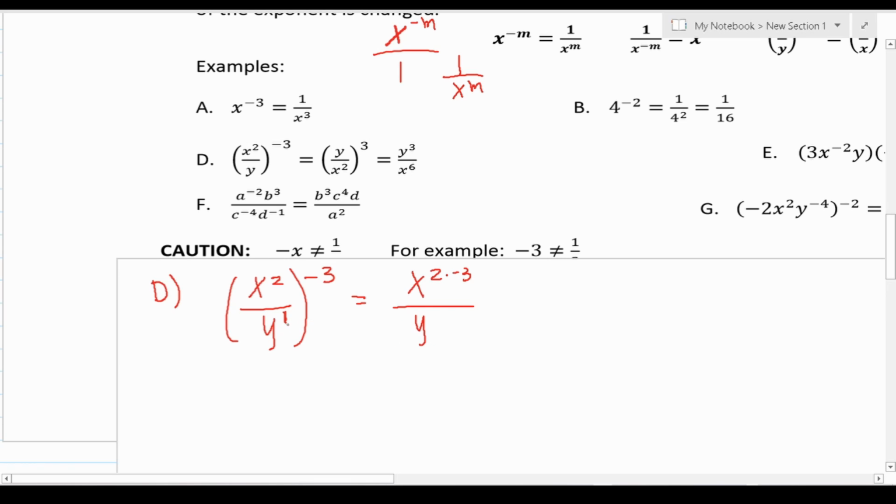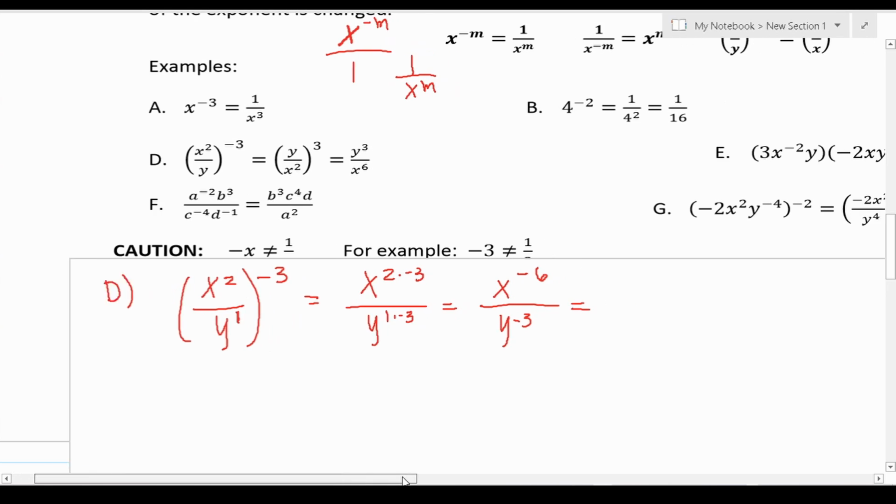And we're going to now multiply the exponents according to the power rule. So that's going to be y to the first times negative 3. Let's simplify this. This becomes x. 2 times negative 3 is negative 6. And y, 1 times negative 3 becomes y to the negative third.